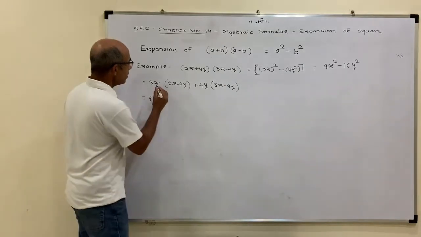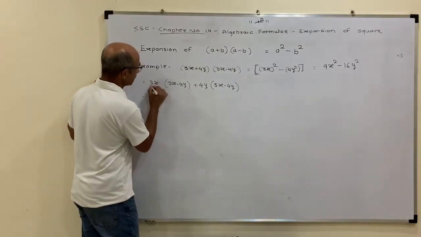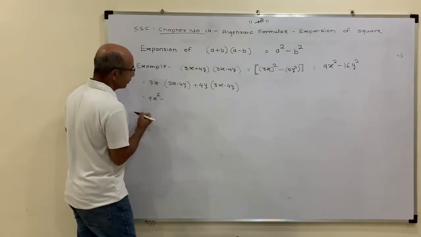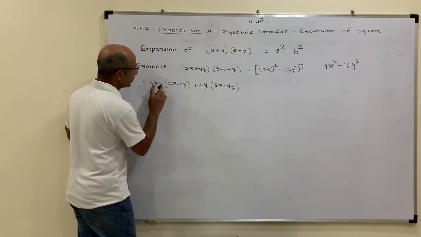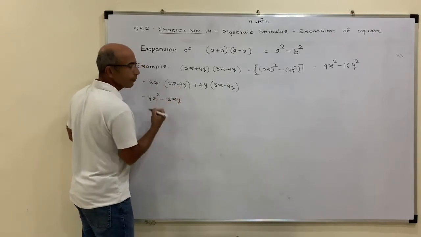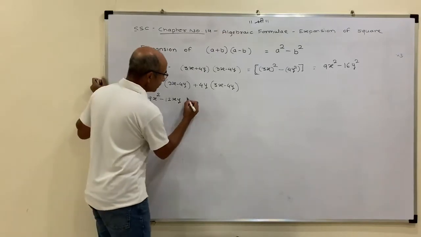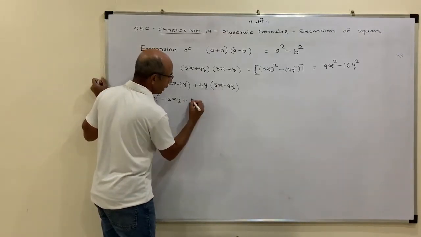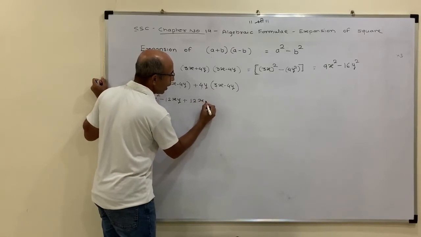Now here, 3x is a plus, 4y is a minus, so my resultant product will be minus, 3 fours are 12, xy. Next, 4y into 3x is 4 into 3, 12, x into y, xy.